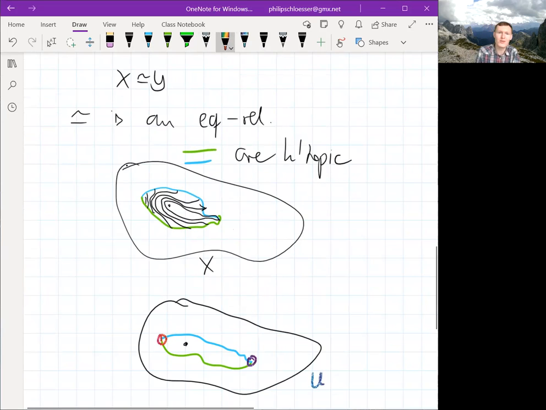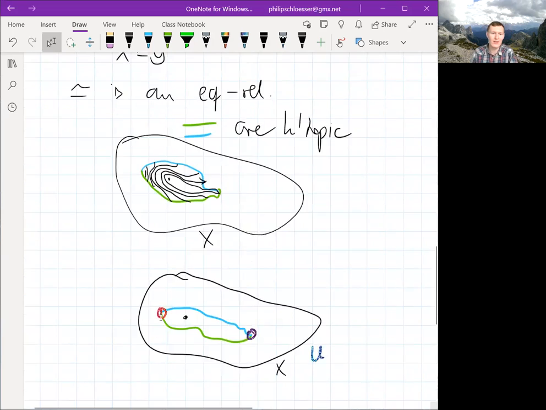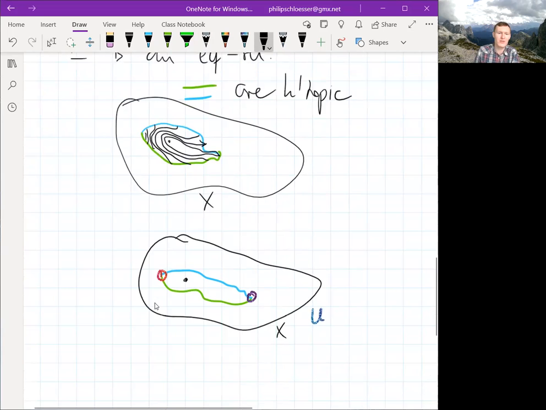So U, and this is the space X. Then however you would want to move this curve, there's always this point that isn't contained in X, so like this hole, you would need to move your curve over that hole, so they are not homotopic. That is at least the intuition.